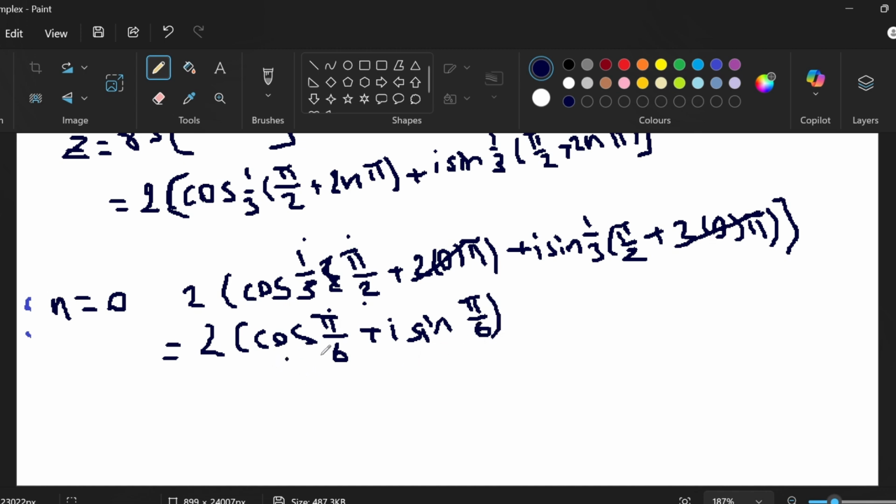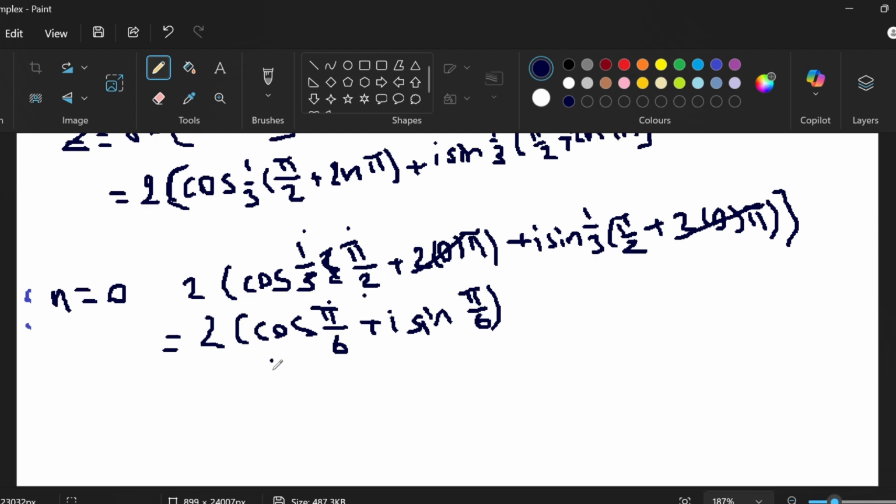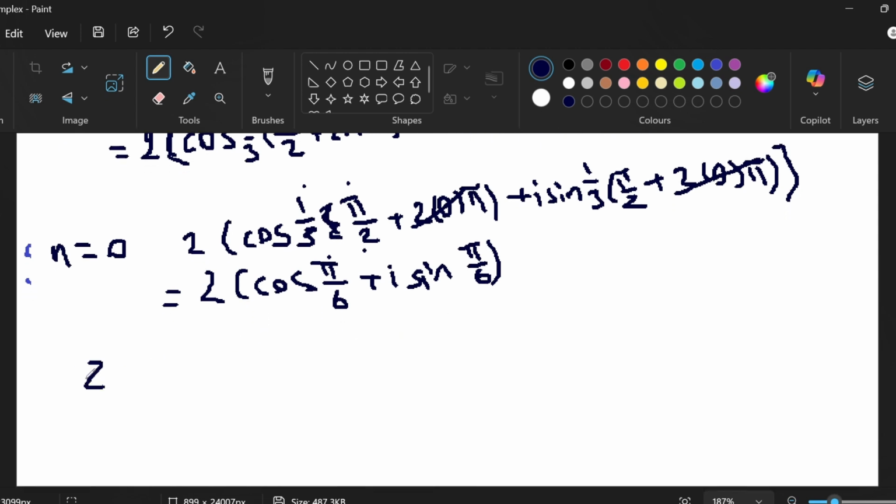And if I actually type these values in here and solve to get z in the form a plus bi, I'm going to get that z is equal to 2 times cos pi over 6, which is the square root of 3 over 2, plus i times sine pi over 6, which is just 1/2.